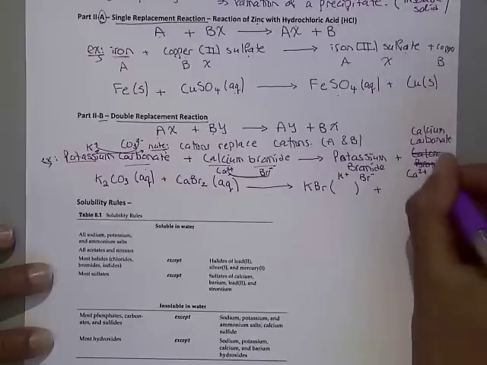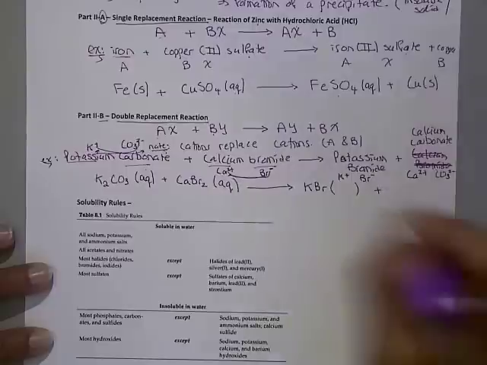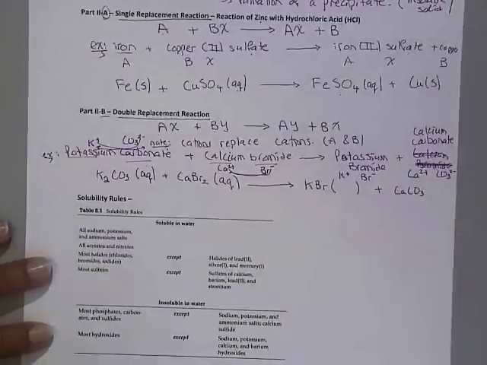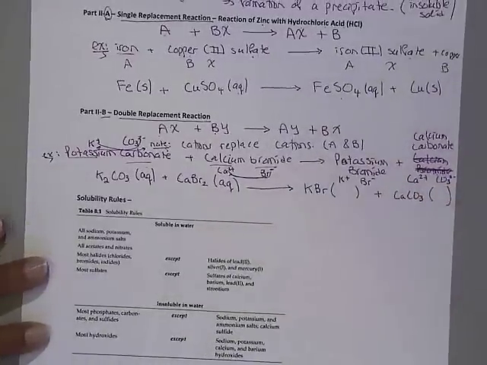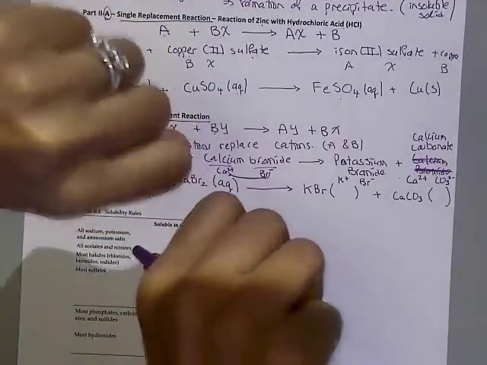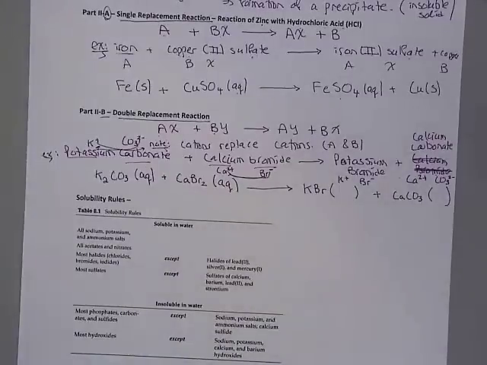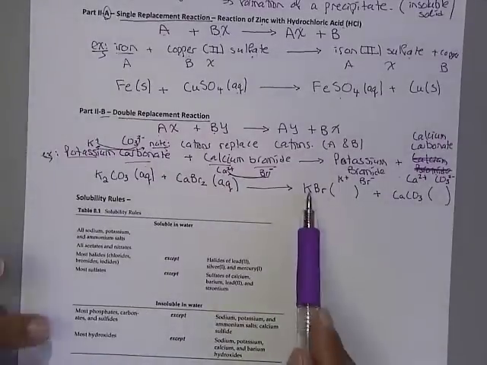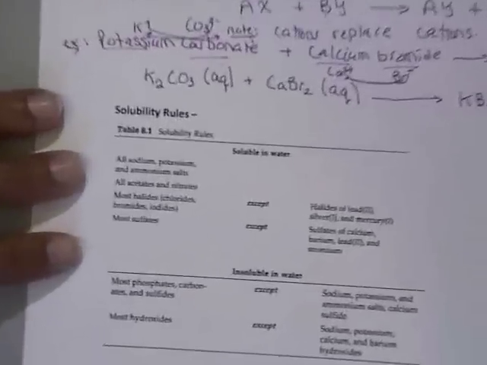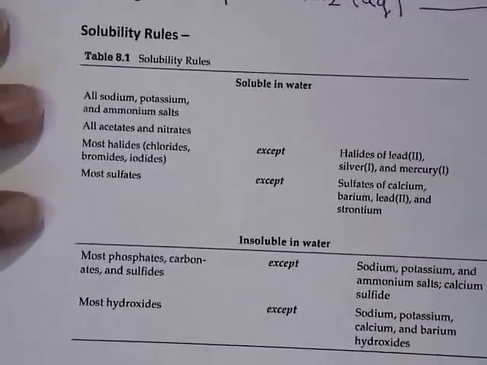So calcium is 2 plus, carbonate is 2 minus, so I get CaCO3. I don't know what my phases are because in lab, let's just pretend I mixed two test tubes that were both transparent, mixed them into one another, and now I have a solid in my test tube. So what's my solid? Is it KBr? Is it calcium carbonate? That's where your list of solubility rules comes into play.